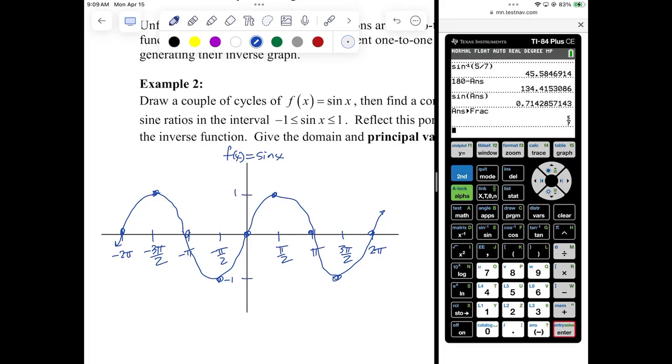There's only one. But for any given sine value, there's how many angles associated with it? Infinitely many. This fails the horizontal line test. Okay, so here's the trade-off. We have to find a one-to-one interval, and we've got to restrict the domain. Remember in Algebra 2, you learned about restricting domains? We've got to restrict the domain.